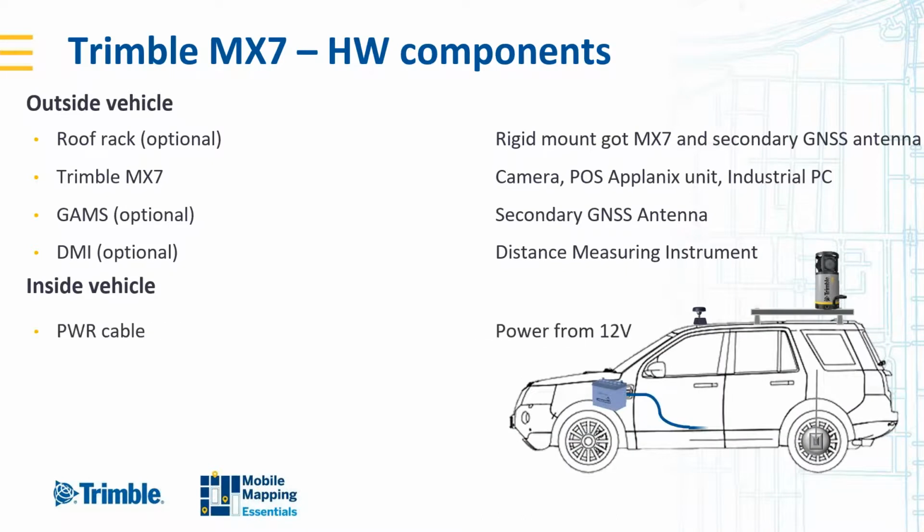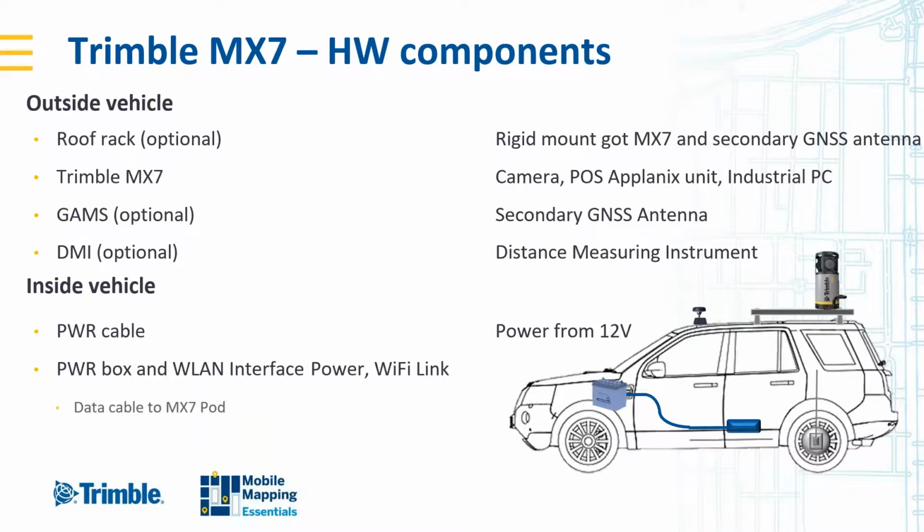Inside the vehicle, we connect, generally speaking, to the vehicle battery. And we have a small power box. The power box also brings Wi-Fi down from the MX7. So we have a Wi-Fi hotspot inside the vehicle, just a local Wi-Fi hotspot that allows us to connect to the MX7 sensor head. This is then connected by a single cable to the MX7.